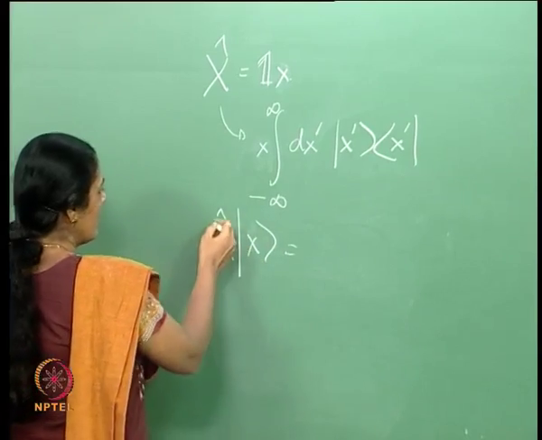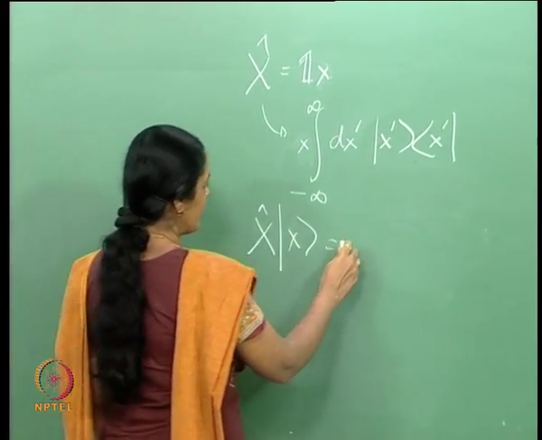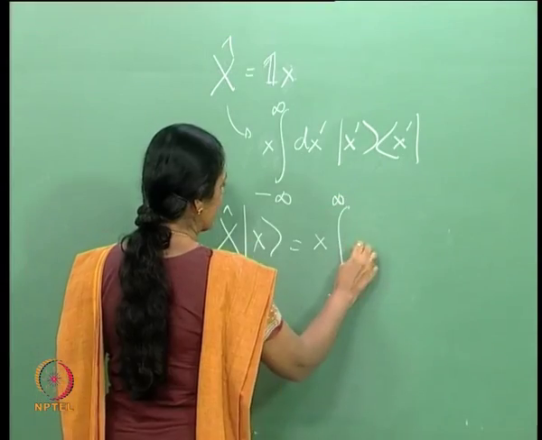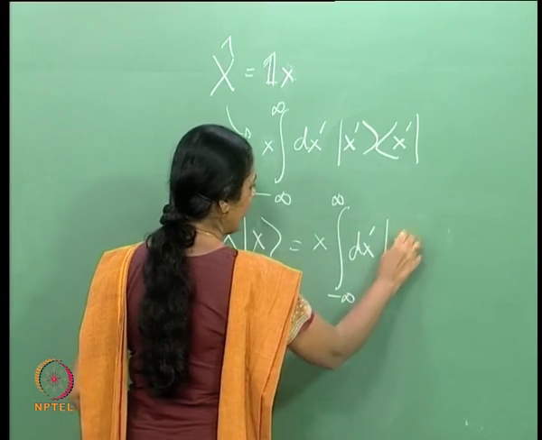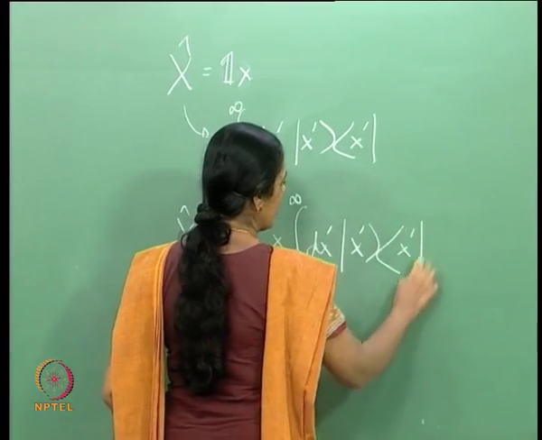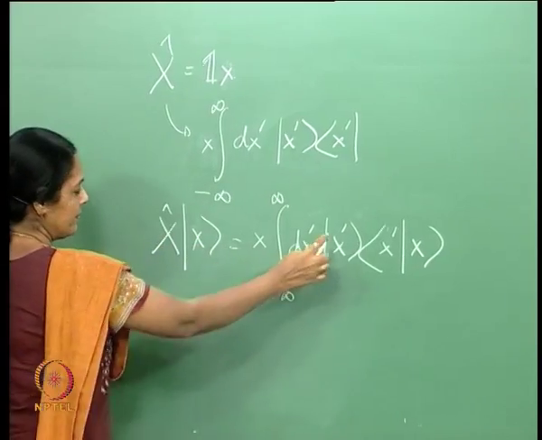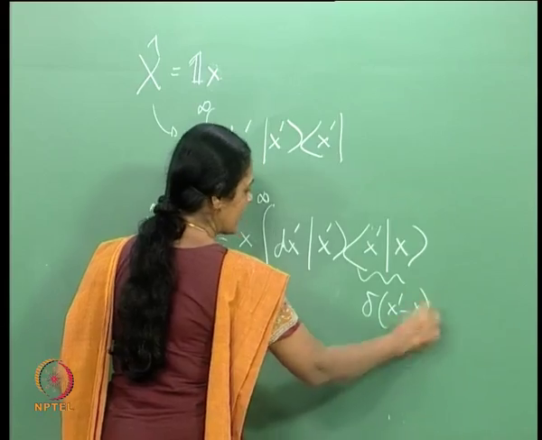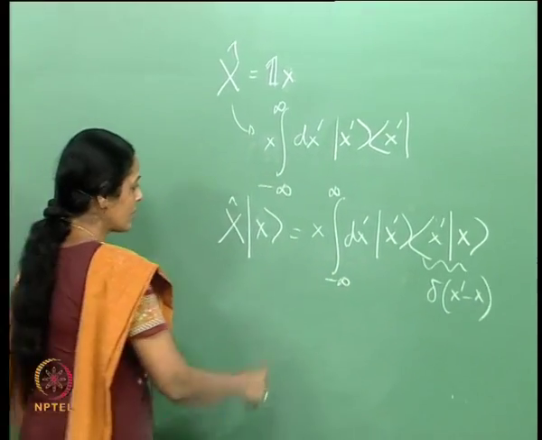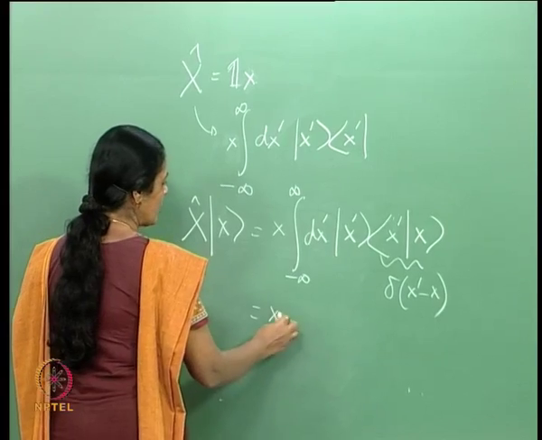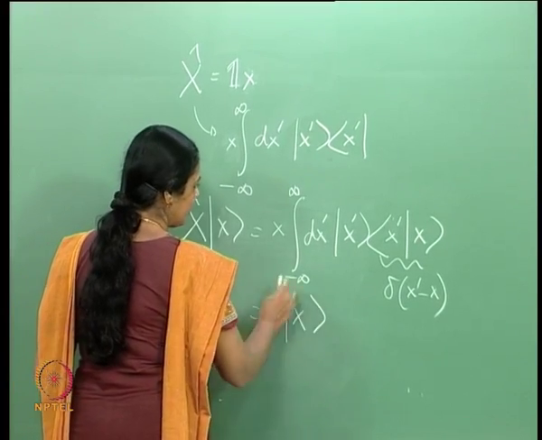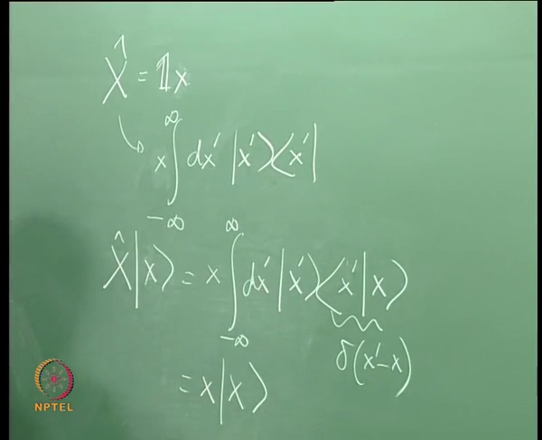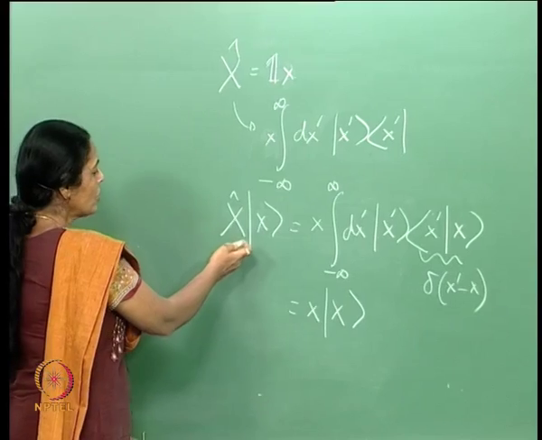So what happens when the operator acts on the position basis? There is this variable x, dx prime, and then I have this object, and that is a delta of x prime minus x. So the integration goes, and I just have an x. So this is what I have.